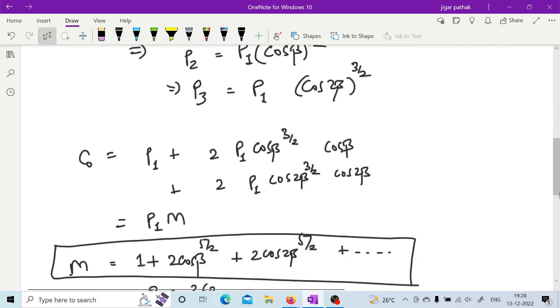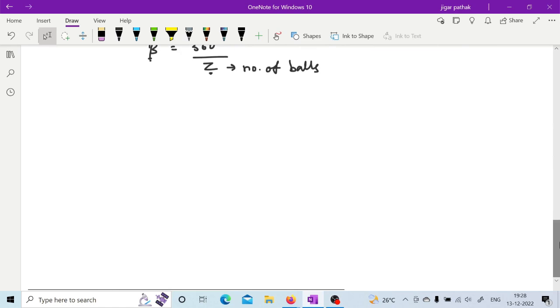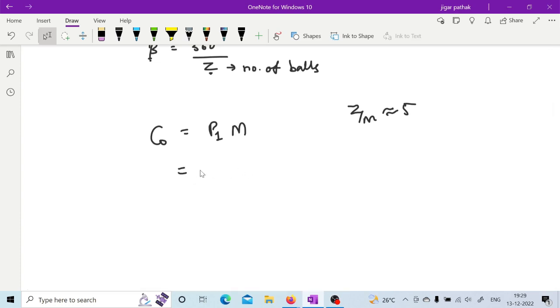So if we take Z by M approximately equal to 5, then our C0 is equal to P1 M. So M is Z by 5, and C0 can be written as Z by 5 into P1, where P1 is represented as this KD square.